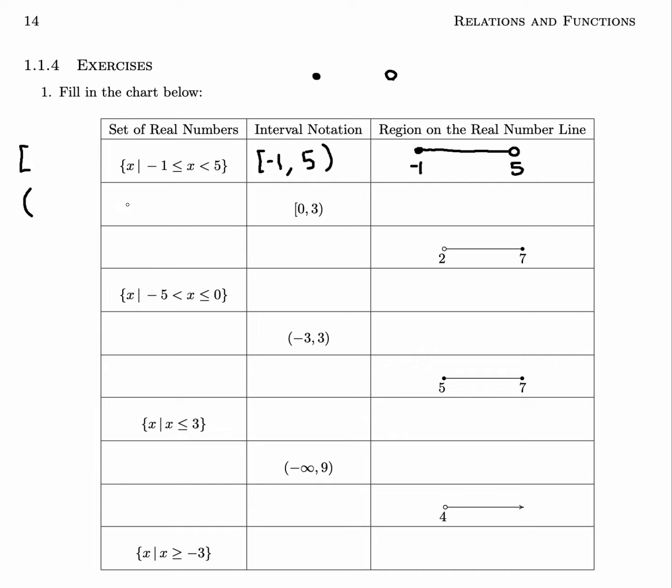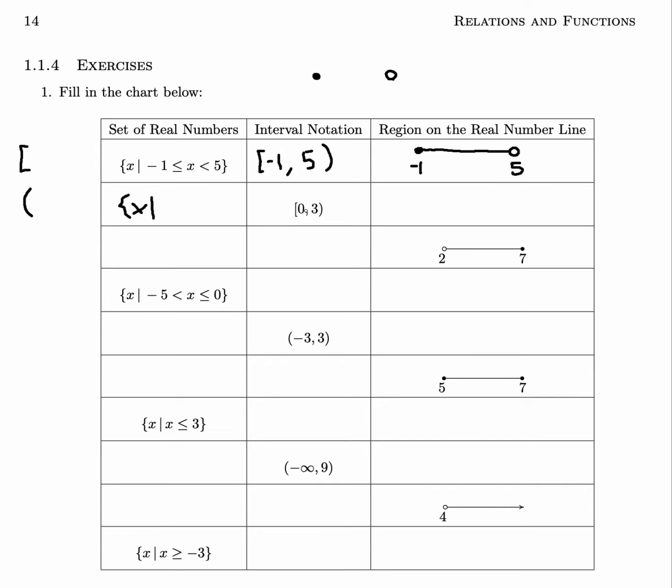Okay, for problem number 2, we're trying to find their set of real numbers given the interval notation. And oh yeah, we're trying to find the region on the number line as well. So first of all, you want to write down just x. So x just means like numbers or real values.